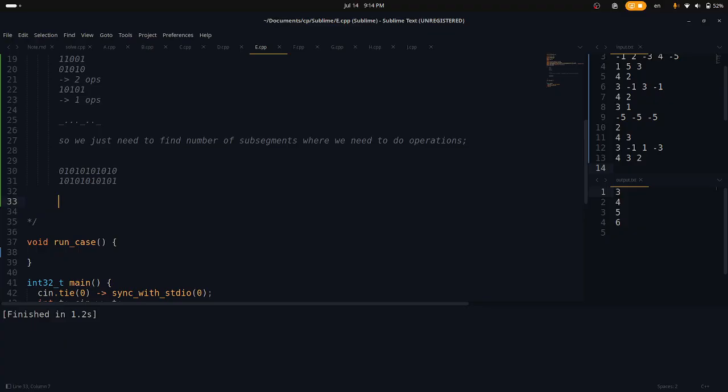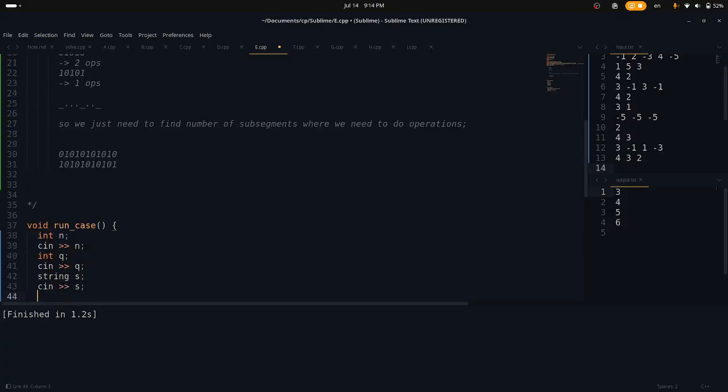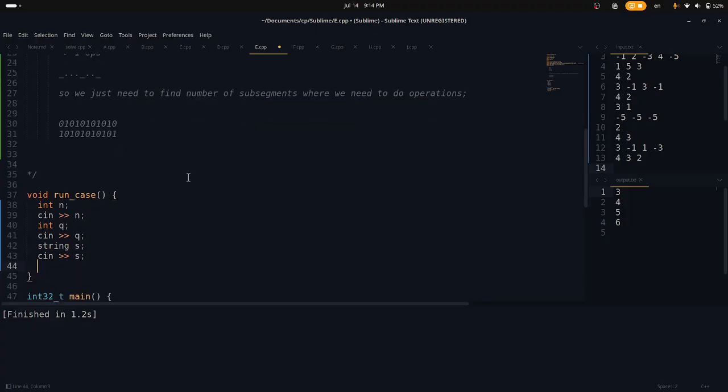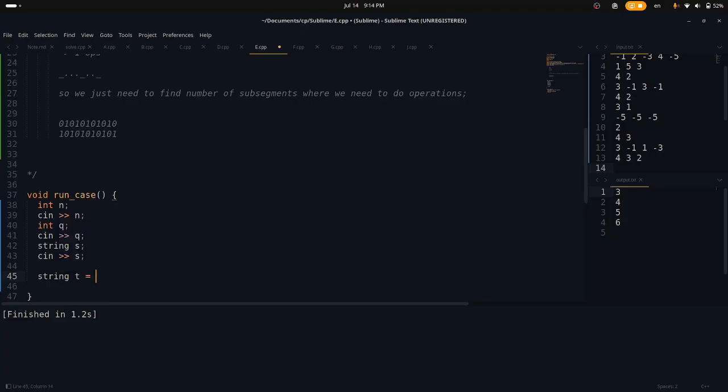Number of positions where it ends. What I mean is that, so this is string t1 and t2.